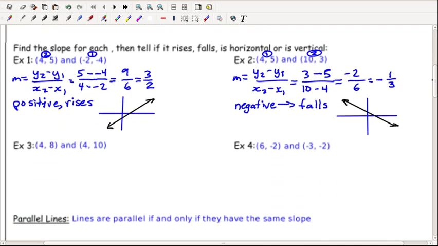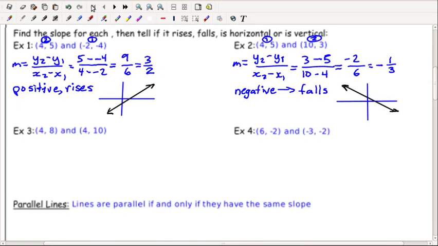Two more examples. Example number 3. So m equals y2 minus y1 over x2 minus x1. Just for fun, again, let's make this number 2 and this number 1.